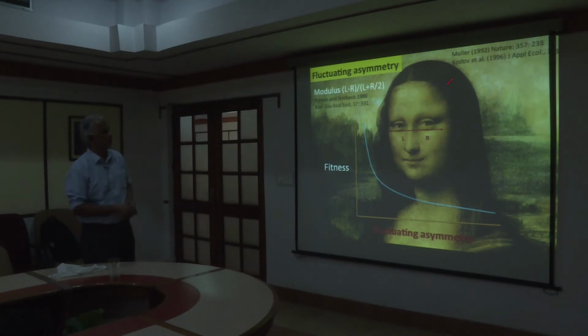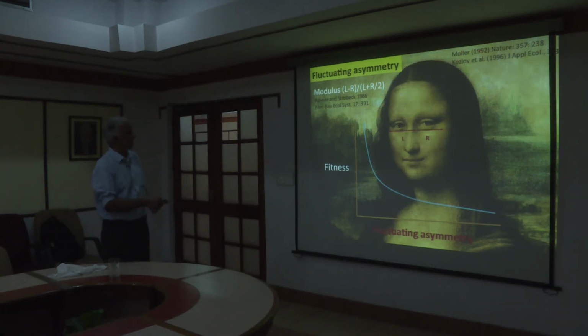If we talk about a bilaterally symmetrical organism, where you can draw a line through the bridge of the nose and measure to the left and to the right, then in a perfectly symmetrical organism the modulus of left minus right will be 0. If it is more than that, of course it will be greater than 0, either plus or minus, but since we are taking the modulus, it will be without a sign.